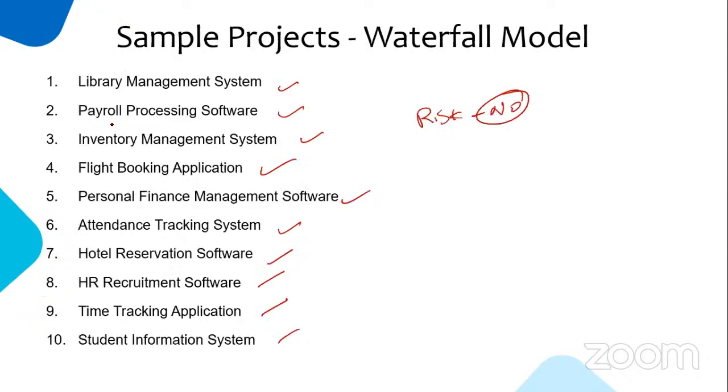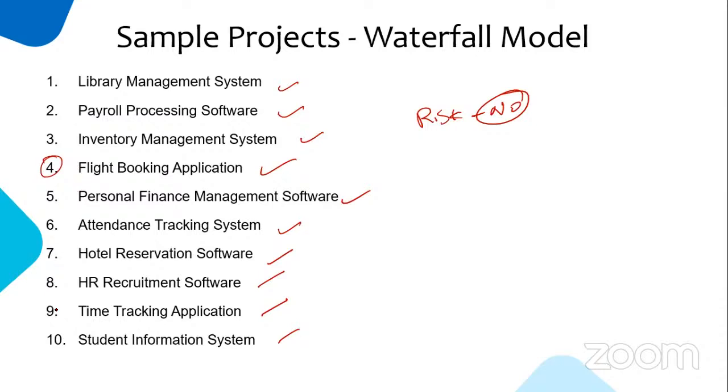So all these applications we can put into the waterfall model, where customer feedback is also used very little. If you go and book your flight, you're not going to give feedback directly, you're just going to book it.